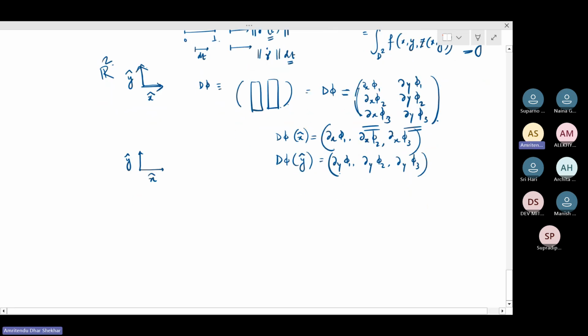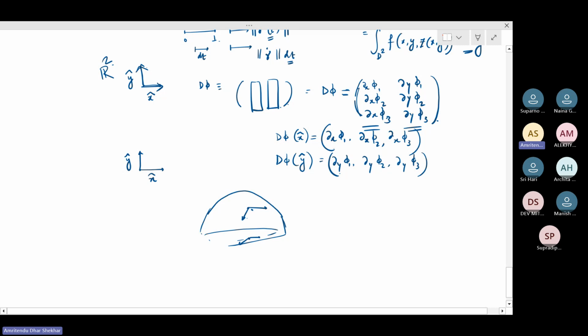Now you have two vectors. So let's say this is your sphere, this is your surface, and let's say you had one unit vector here, one unit vector here, and these unit vectors got mapped to some vector here and some vector here. Okay.